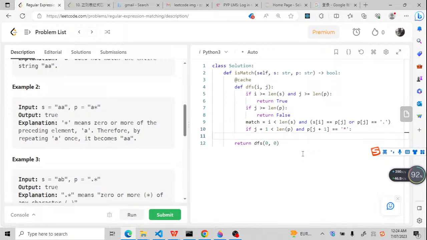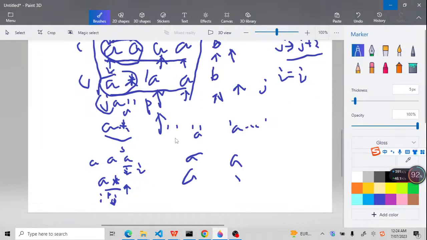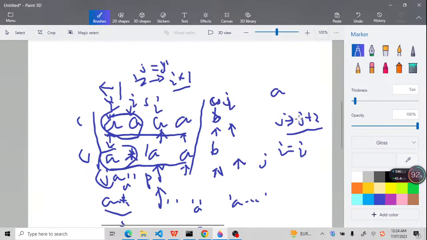So this is the condition I've already explained. It can have two conditions. One is J becomes J plus 2, I stays at the same place, I equals I. Another condition is J equals J and I equals I plus 1.